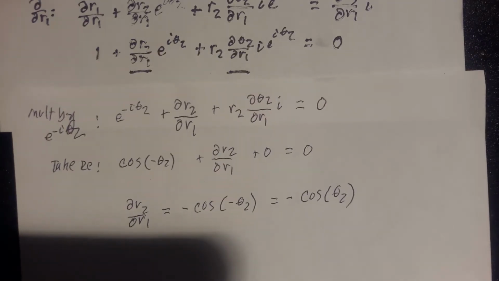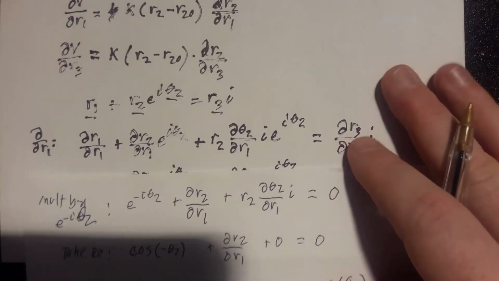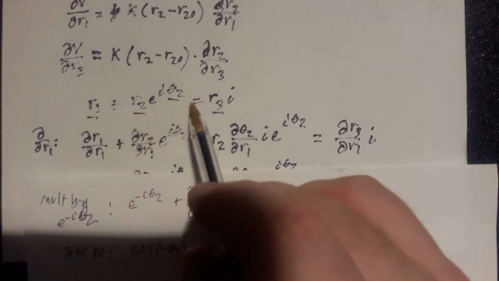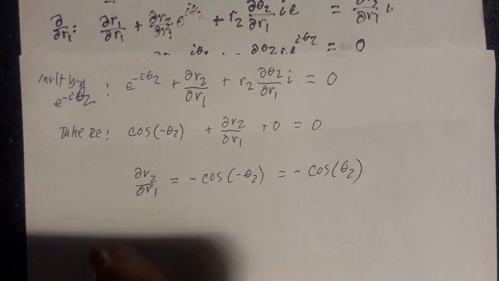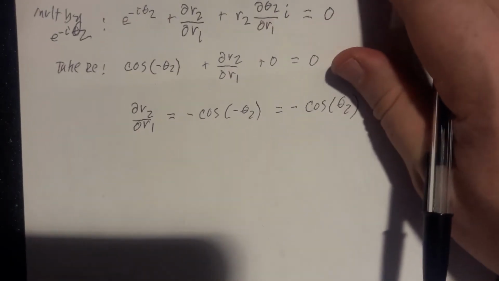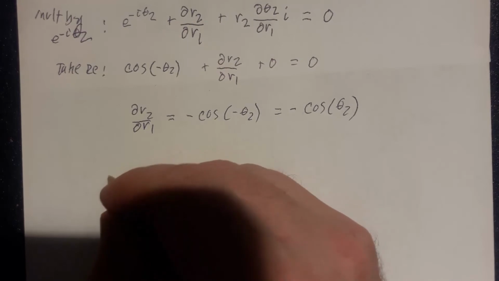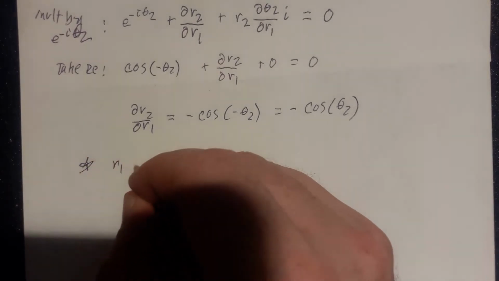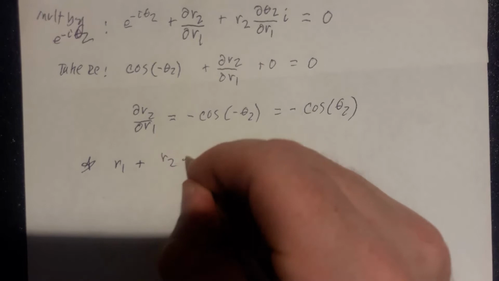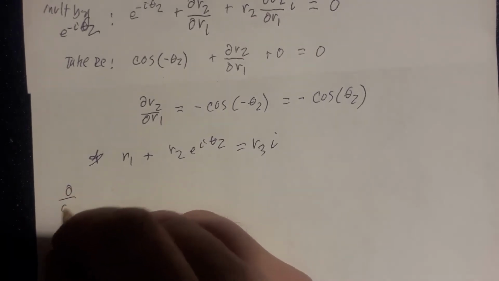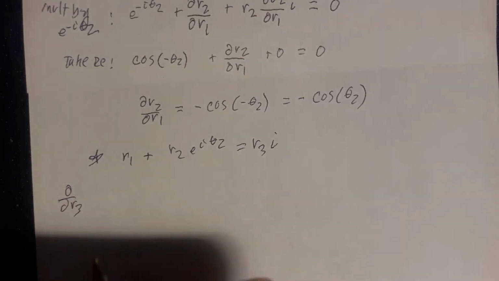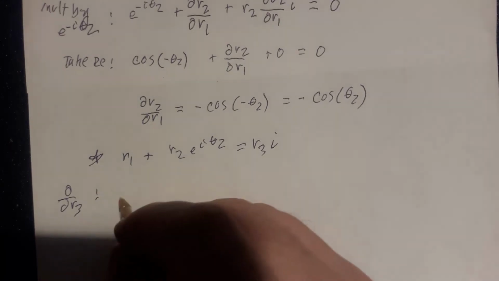We can go back to our kinematic equation again, back to this expression right here, and take the derivative of that with respect to r3. So we have R1 plus R2 e to the i theta 2 equals R3 i. Now if we take the derivative with respect to r3 of that equation, it's very similar to what we just did.